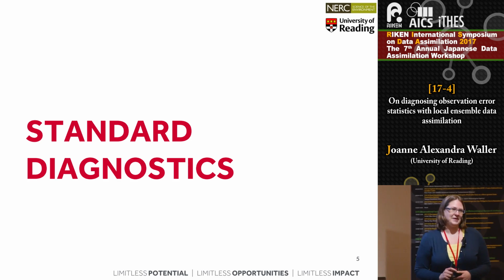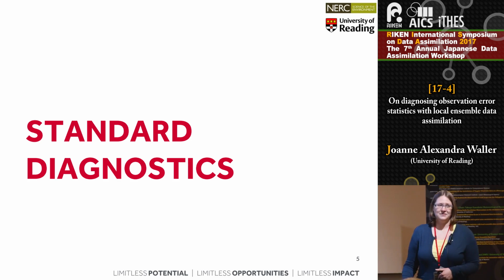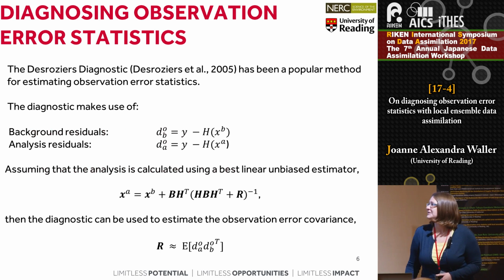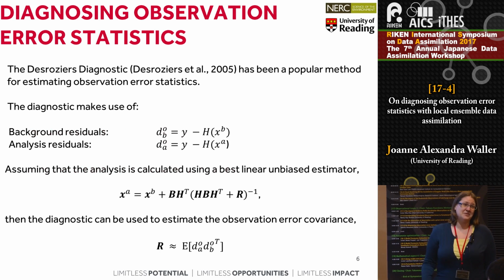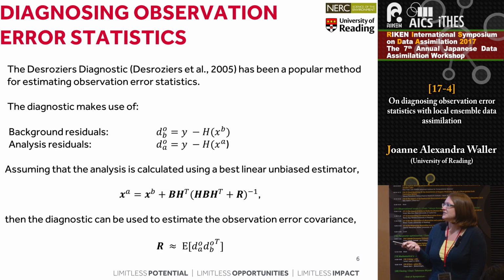But before I tell you about the diagnostic in an ensemble scheme, I'll just tell you a bit about the standard diagnostics and why they've become so popular, really. These diagnostics make use of very simple bits of information: your background residual or innovation, and your analysis residual.